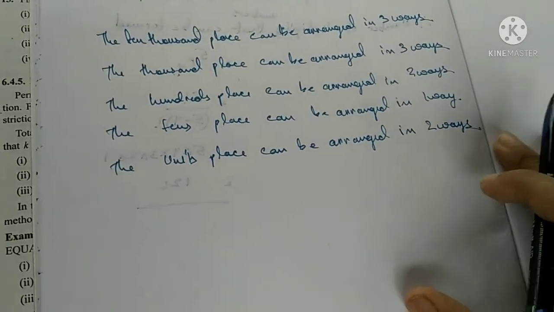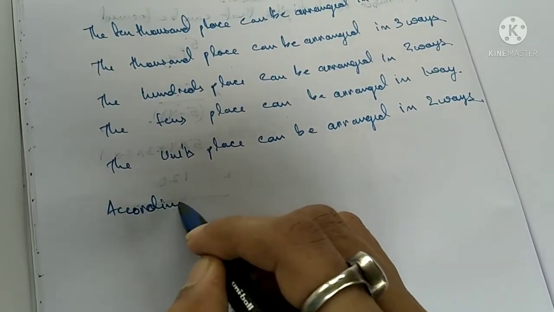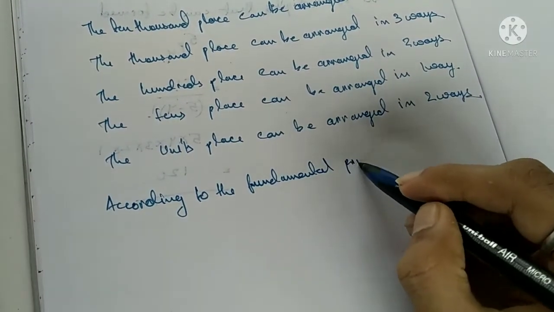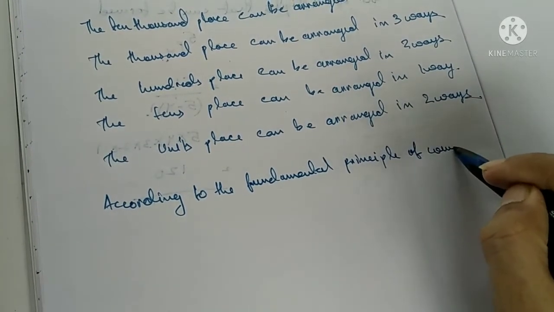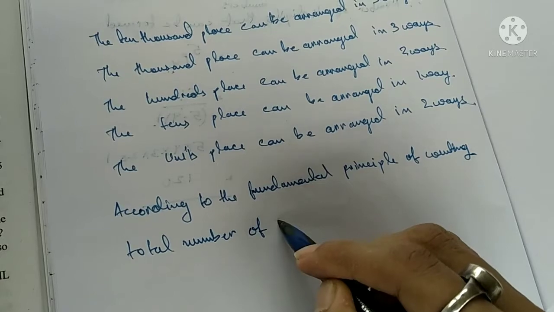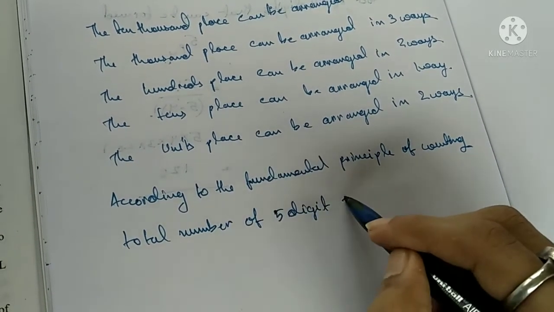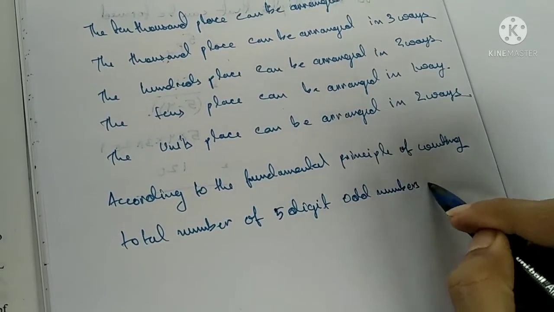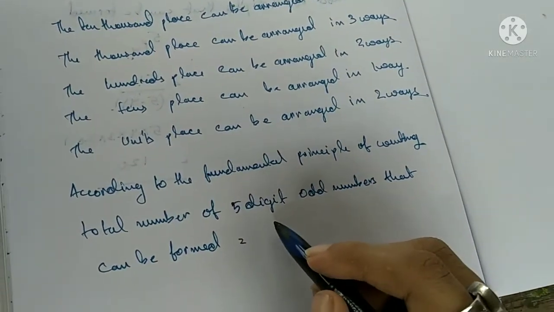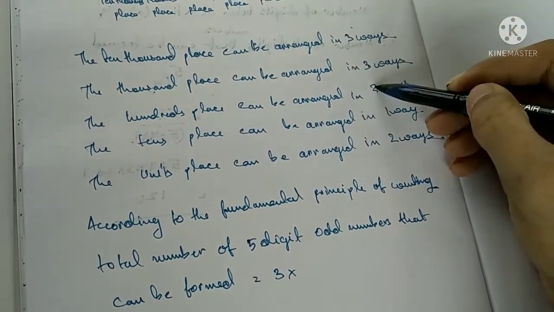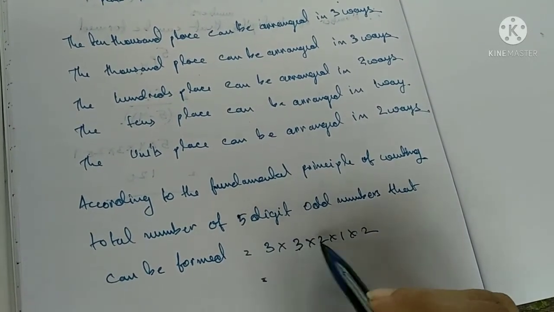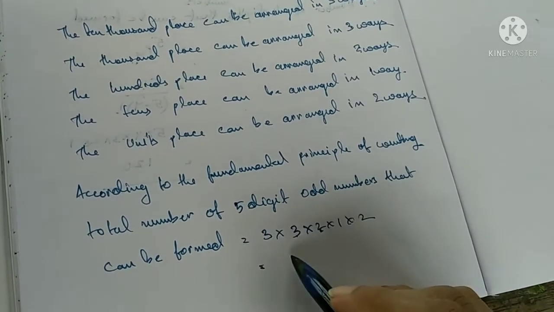Finished? Everything solved? So therefore I will write, according to the fundamental principle of counting, the total number of 5-digit odd numbers that can be formed will be equal to 3 into 3 into 2 into 1 into 2, which is equal to 3 3 is 9, 9 2 is 18, 18 1 is 18, 18 2 is 36.